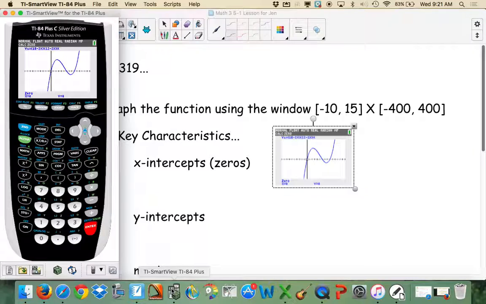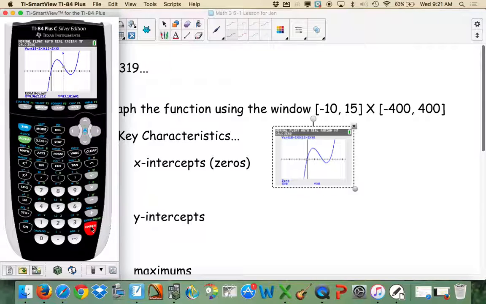All right, so let's practice doing that again, except this time we're going to have it calculate the one that looks like a 6. All right, so again, you go second, calc, I want the 0, and I'm going to arrow over. It wants the left bound, so I go over here to where it's to the left of where it's going to cross.